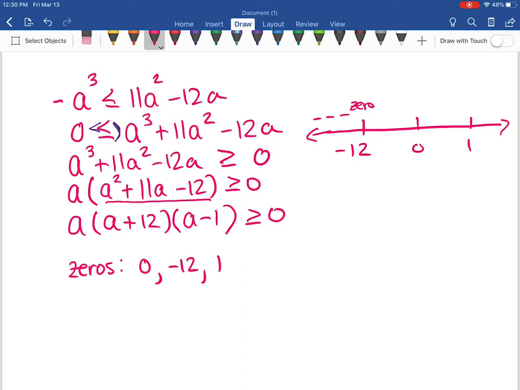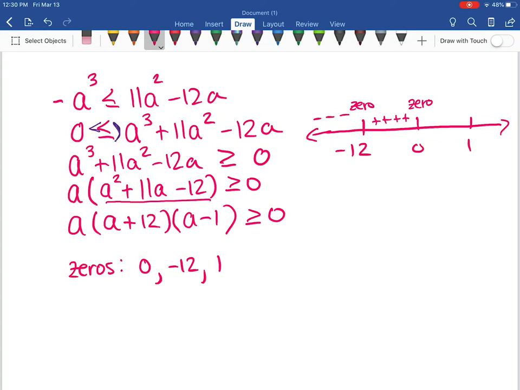Then if I pick a point between negative 12 and 0, let's say negative 2 or negative 1, I'm going to get positive values, which means on the interval from negative 12 to 0, the graph is going to be above the x-axis. And then at 0, it touches the x-axis, that's a 0.